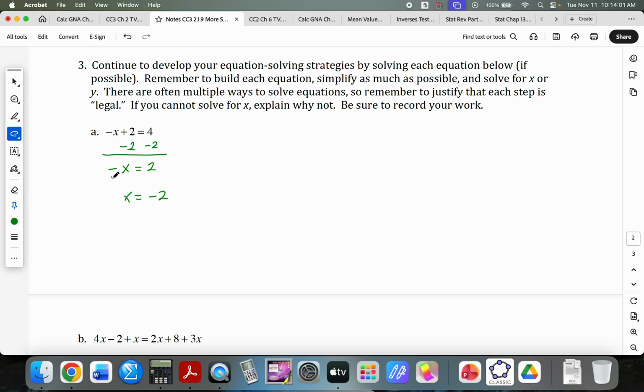If you don't like it, think about dividing both sides by negative 1. Multiplying by negative 1 does exactly the same thing. Yeah, if you have negative x equals 2, if you multiply both sides by negative 1, you get x equals -2.